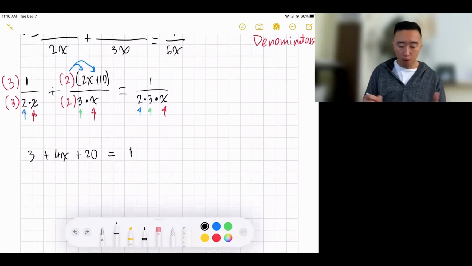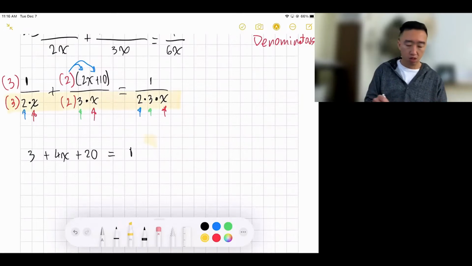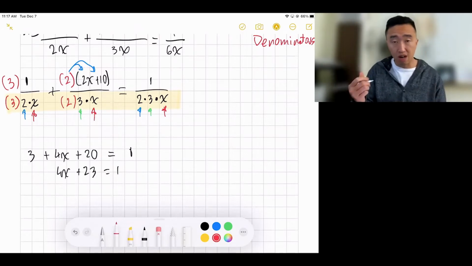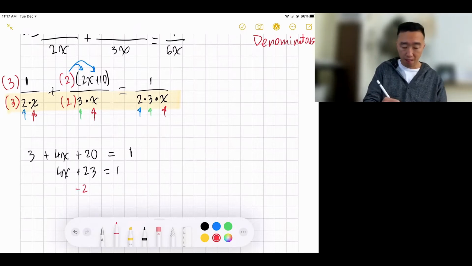Okay, so at that point, when all the denominators are the same, they're common, just worry about the numerator. From here on out, it's just a regular equation, right? Combine like terms, 4x plus 23 equals 1. By the way, a lot of your answers are going to be fractions today, not factors, fractions, right?